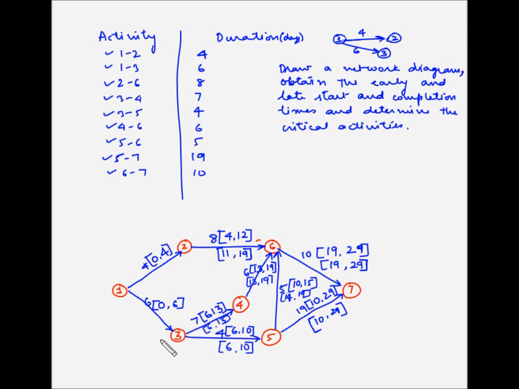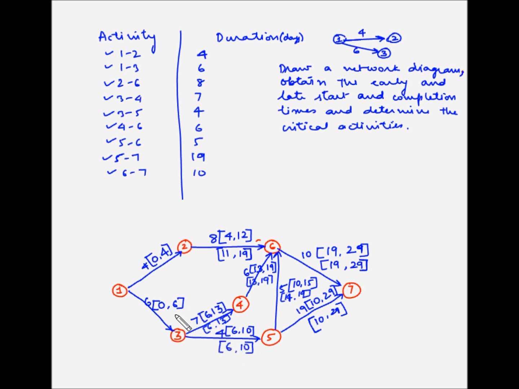Now for activity 1-3, again there are two following activities, which are 3-4 and 3-5. So activity 1-3 should have been completed before any of these two can start. Now the latest start time for both these activities is 6.